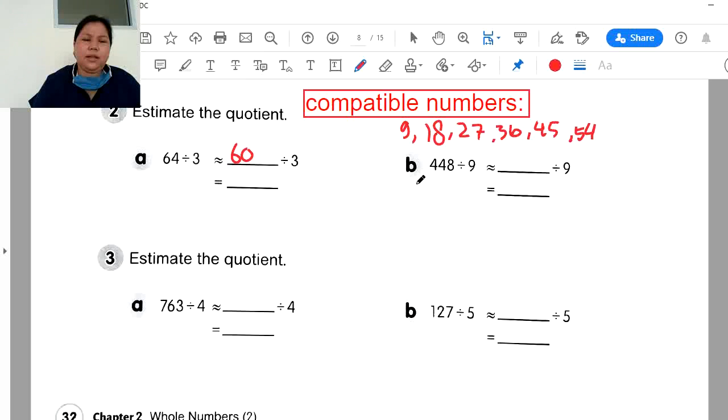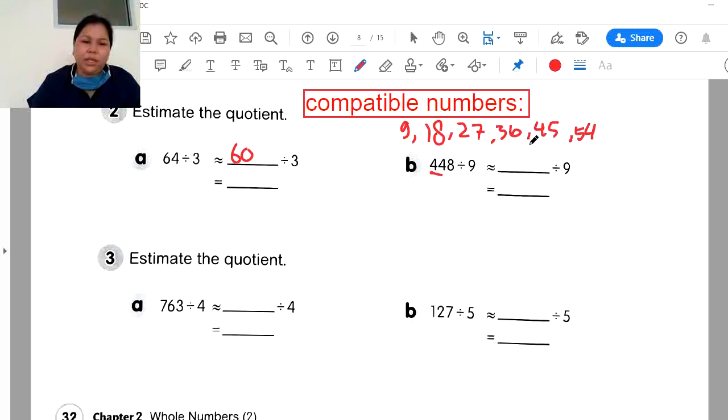Let's see the number that should be divided. 448. There is no 4 here, right? So we take the first two digits, 44. Okay, look at where 44 should be.